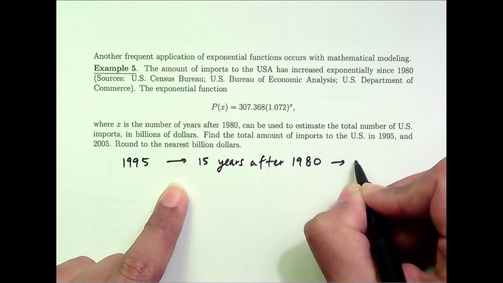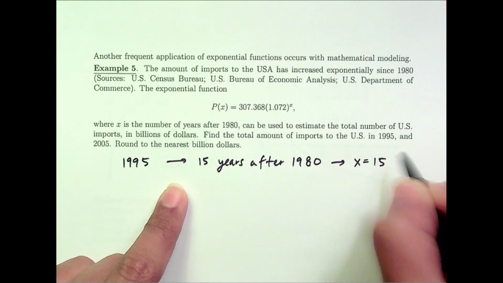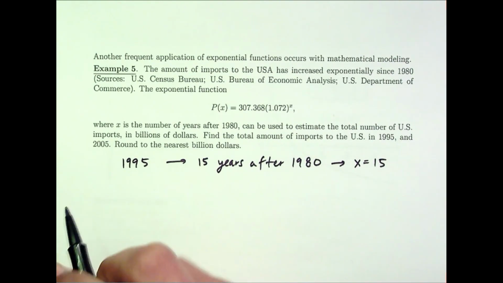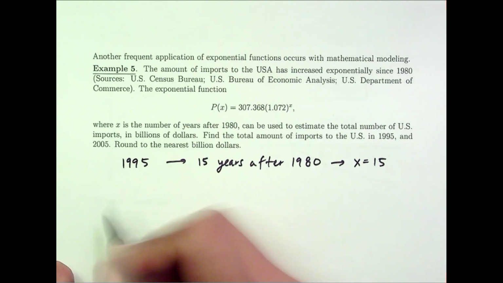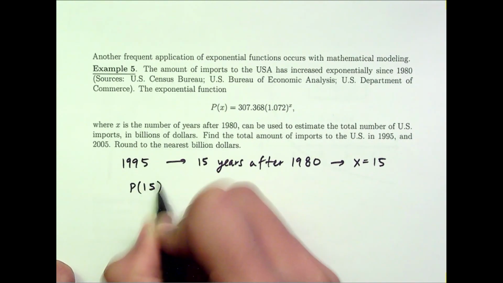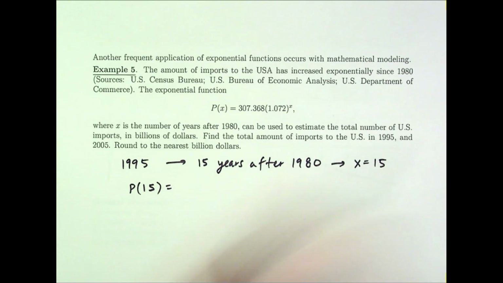So that means x equals 15 because the x is the number of years after 1980. There are going to be some examples like this in the homework. You just have to take a moment and try to understand what the x or the variable stands for so you can figure out what to plug in. So that means x equals 15, so we're just going to plug in 15 then.